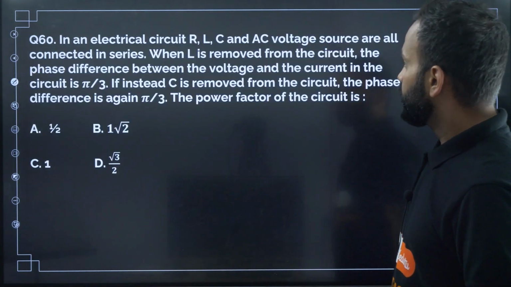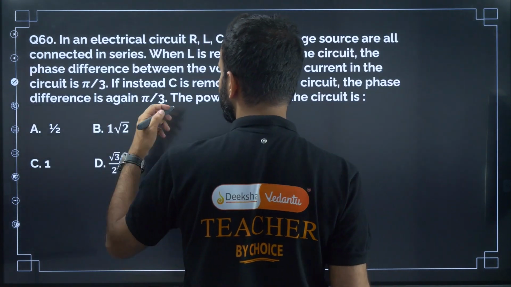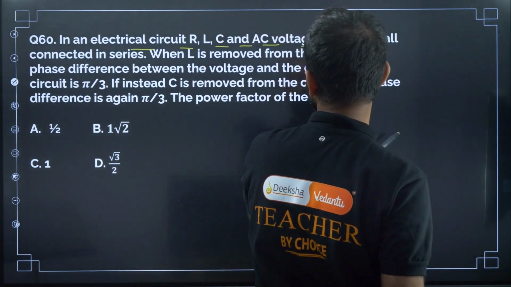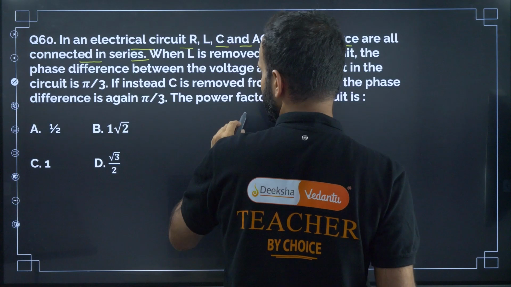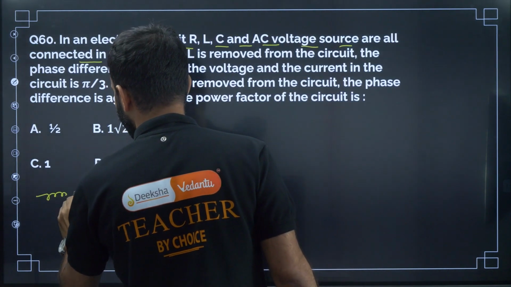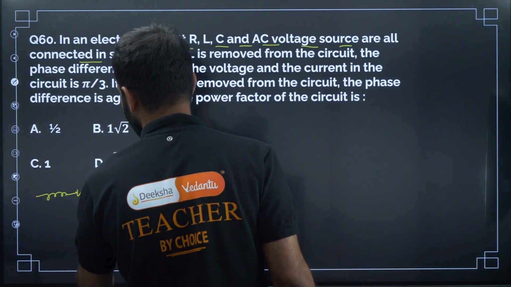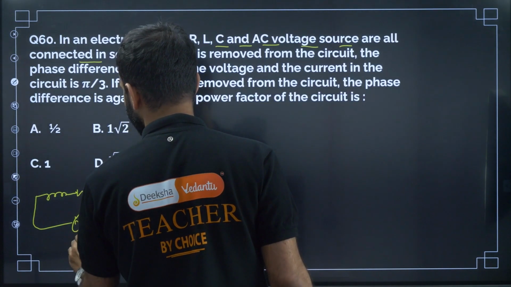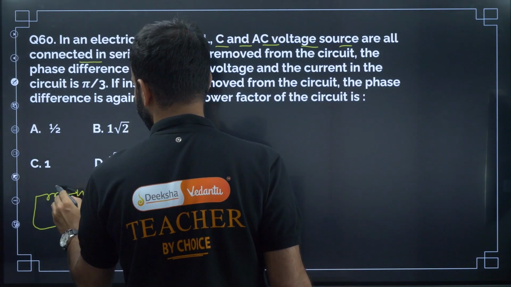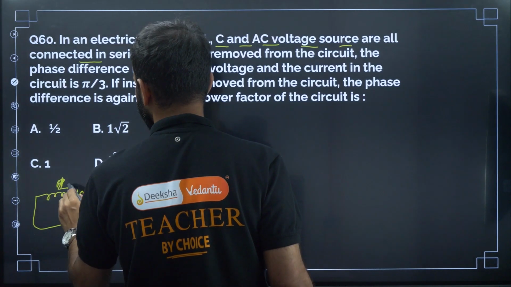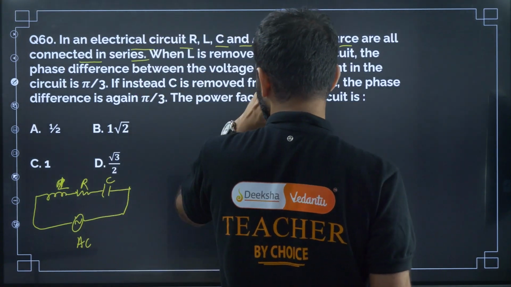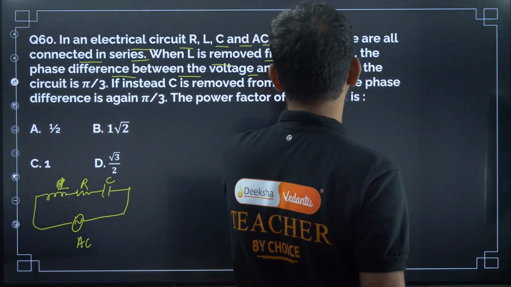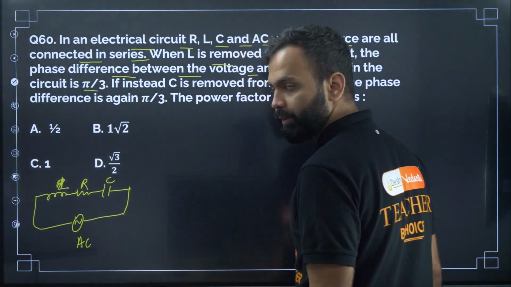Okay. Next question, question number 60 and the last one. In an electric circuit, an RLC and an AC voltage source are all connected in series. L, R, C are all connected in series to an AC source. When L is removed from the circuit, the phase difference between the voltage and the current in the circuit is pi by 3.